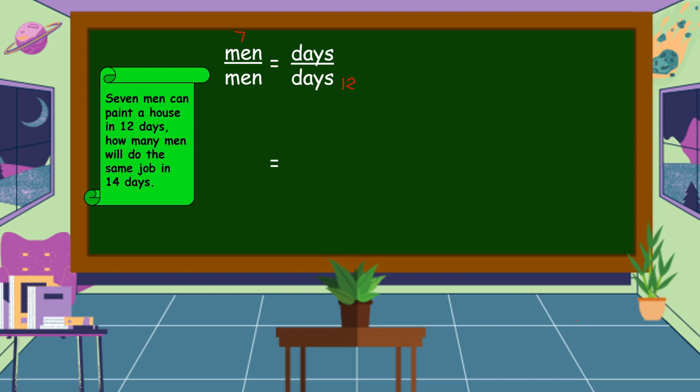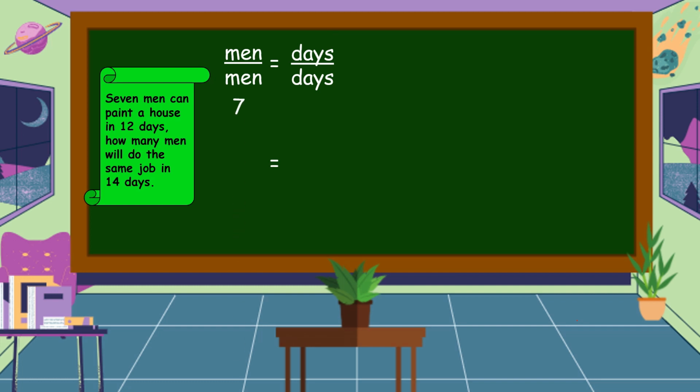How many men? We don't know yet, so we're going to use a variable. We'll do the same job in 14 days. Then we're going to write it also on the opposite side. This is the way we write the given in an inverse proportion.